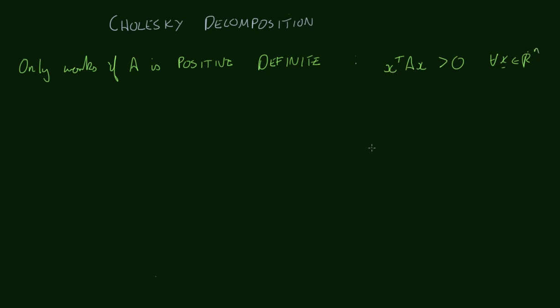So that's the definition of a positive definite matrix. Now what Cholesky factorization seeks to do is factorize your matrix A into the product of a lower triangular matrix L multiplied by the same lower triangular matrix L transposed.